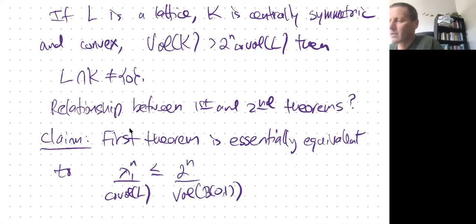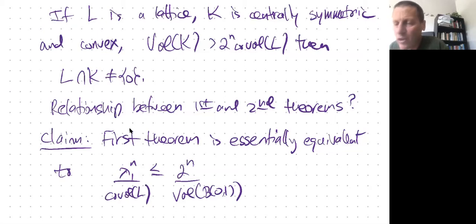Okay, so this is an inequality, and it has exactly the same form as Minkowski's second theorem, except instead of lambda 1, lambda 2 up to lambda n, it's just the first successive minimum lambda 1 raised to the power n. Okay, so this is obviously weaker than Minkowski's second theorem. So Minkowski's first theorem is weaker than Minkowski's second theorem.